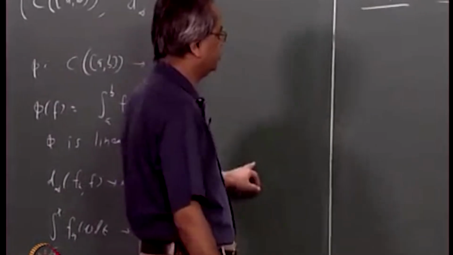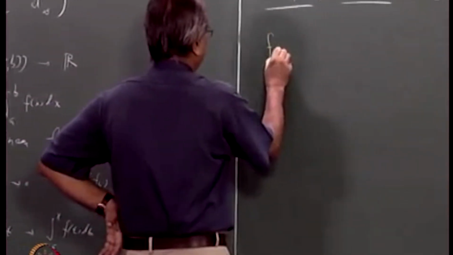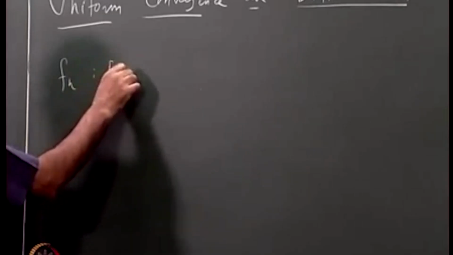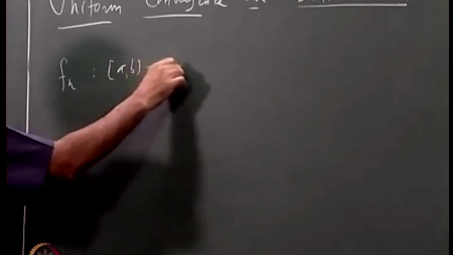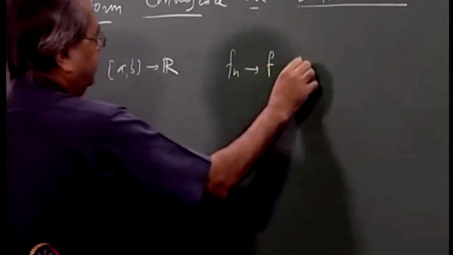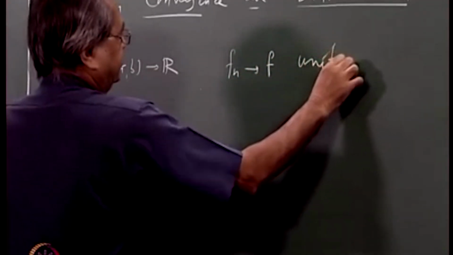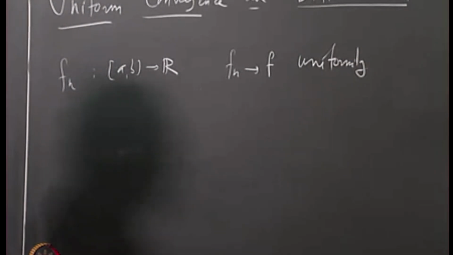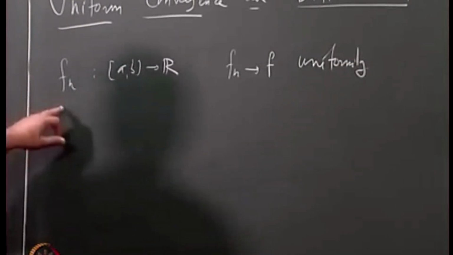Suppose we have a sequence fn from [a,b] to R, and suppose fn converges to f uniformly.